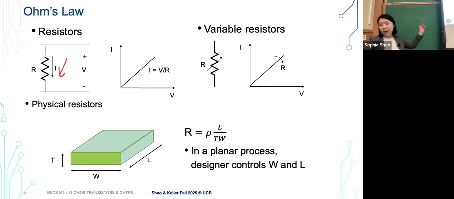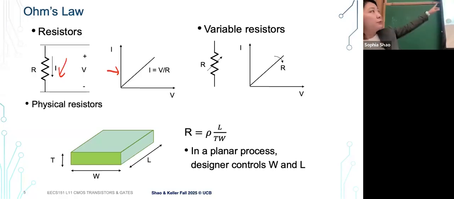When we think about the behavior, in particular how much current flows through the resistor, it's basically the IV characteristics. When we apply different voltages, the current across the resistor increases. The more voltage you apply, the more current flows across the resistor. That's basically Ohm's law.